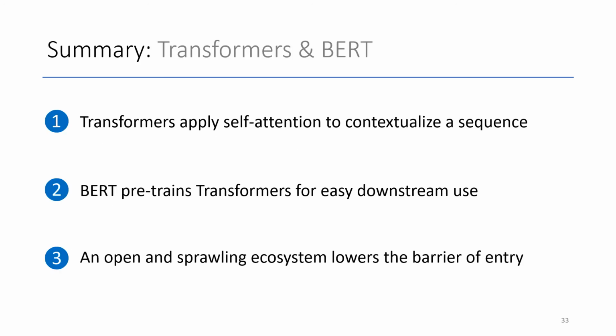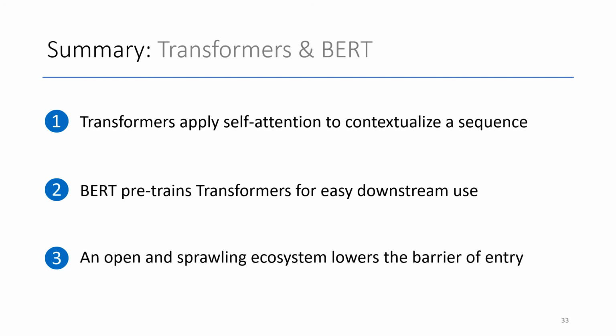The main key takeaway points from this lecture are that transformers apply self-attention to contextualize a sequence. The BERT pre-trained model uses transformers and is pre-trained to be easily used for downstream tasks.